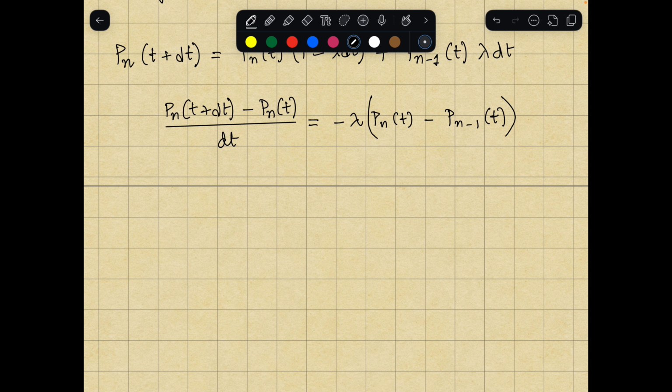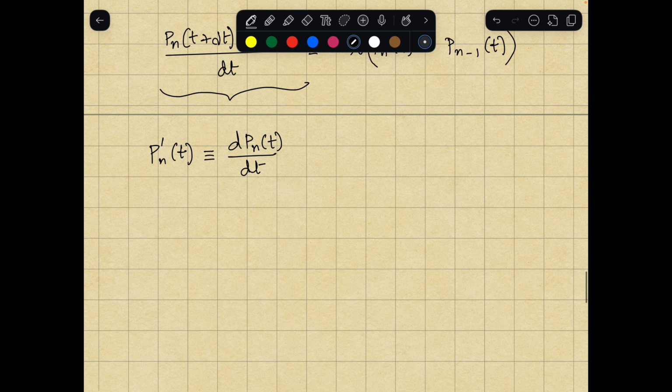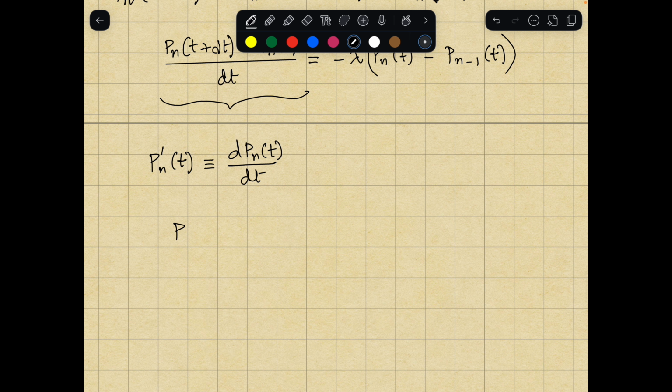Now this quantity is nothing but Pn prime of t, defined as dPn(t)/dt. So we have Pn prime of t equal to minus lambda times Pn of t minus Pn minus 1 of t.